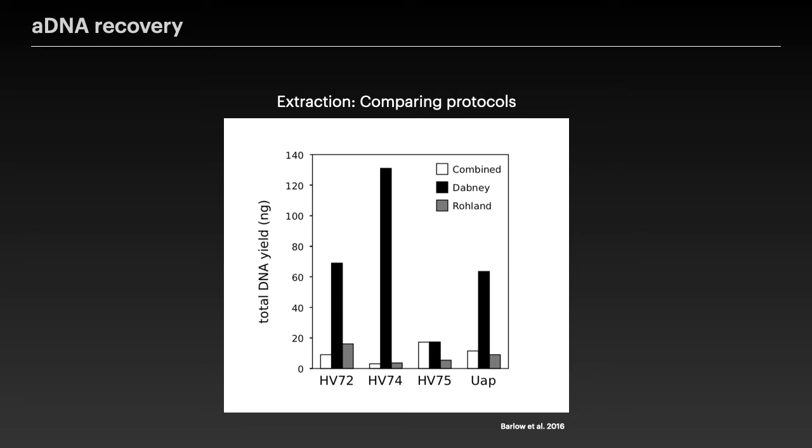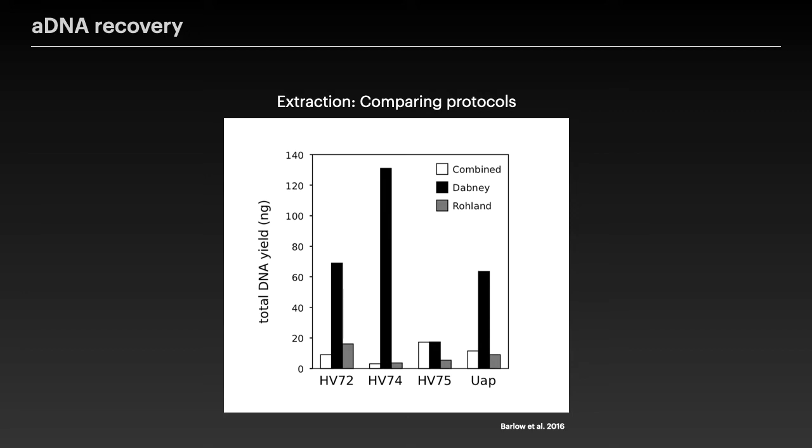The take home message from this is that in all samples tested, shown on the x-axis, the Dabney protocol, which is depicted with the black bars, yields much higher amounts of DNA from the ancient samples of cave bears and brown bears that have been tested here, except for one sample, HV75, where it seems to have equal yields with the combined method.